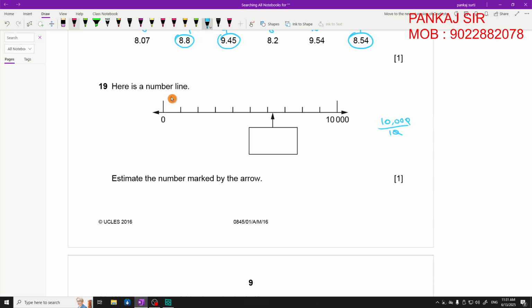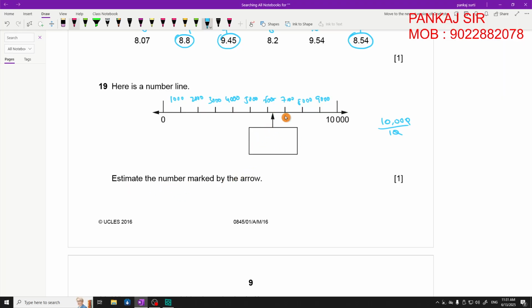So this will be 1,000, 2,000, 3,000, 4,000, 5,000, 6,000, 7,000, 8,000, 9,000, and then 10,000.